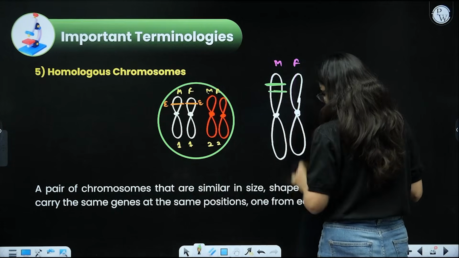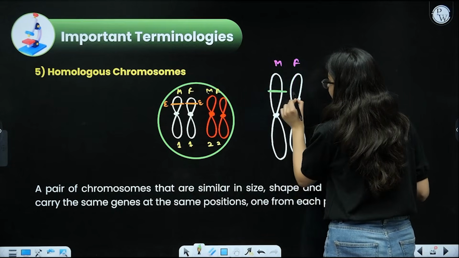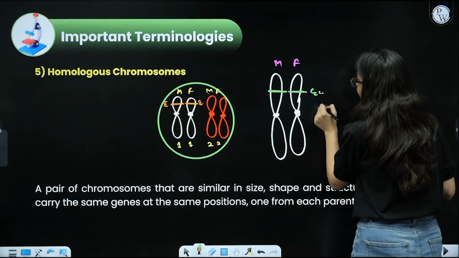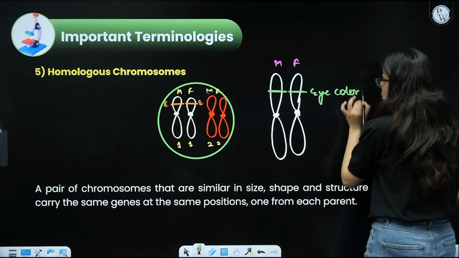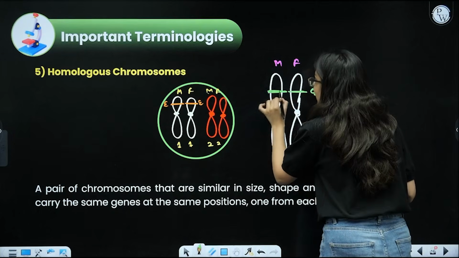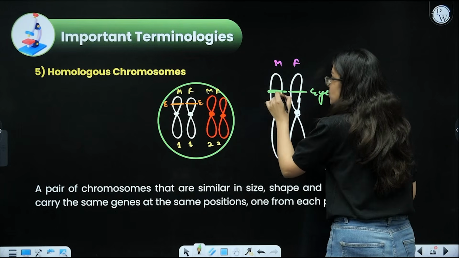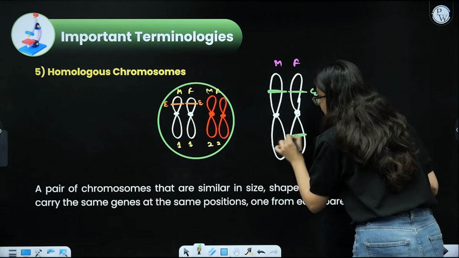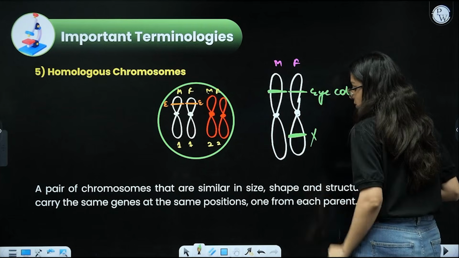So if over here we have the gene for eye color, over here the gene will be for eye color as well. It is not possible that the mother has the gene of eye color over here and the father has it somewhere else. That is not possible. Got my point?